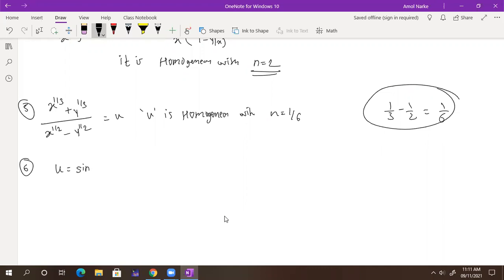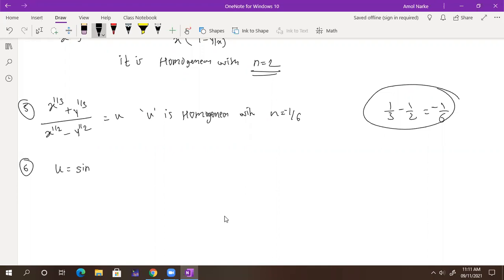You can take it as minus 1 by 6, no problem. Degree may be positive, may be negative, it may be rational, it may be irrational, anything.